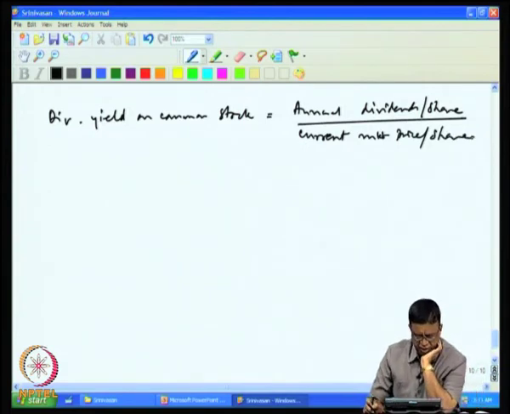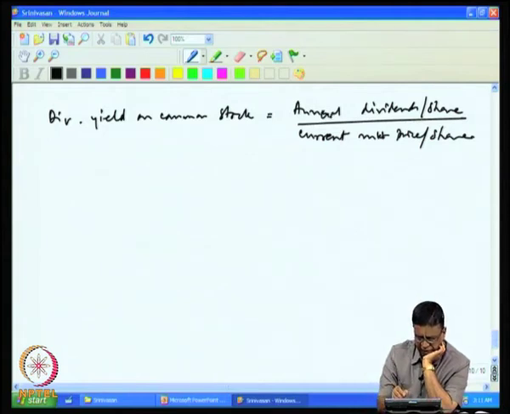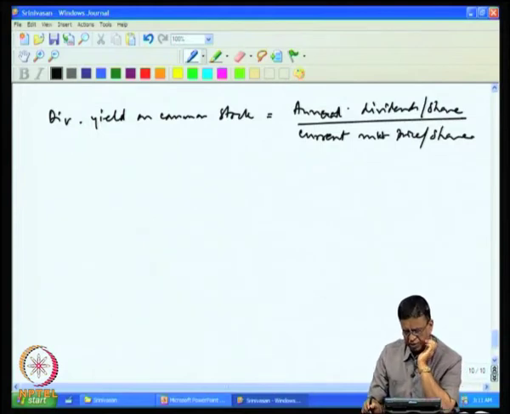So, the dividend yield on common stock, the method of calculation is annual dividends per share divided by the current market price per share. So, what does it give you?